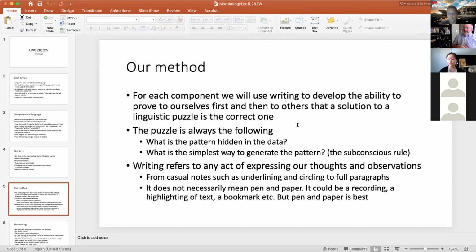Over the past 5 years, we've been implementing a specific pedagogy called writing in the discipline, in which we are demystifying writing, debunking myths about writing, and trying to change students' habits about writing.